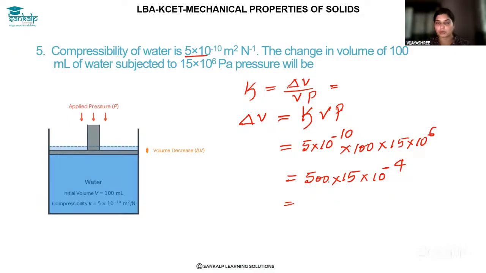So 500 into 15 is 7500 into 10 to the power minus 4.